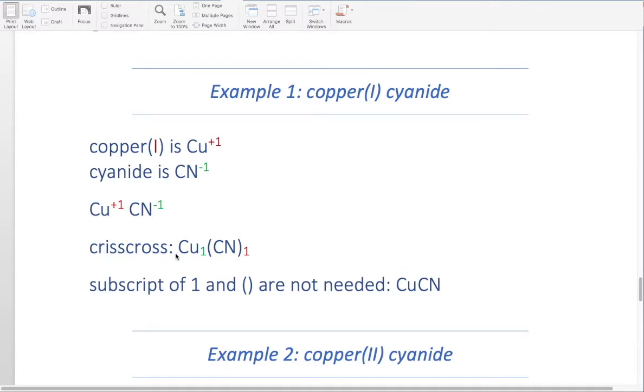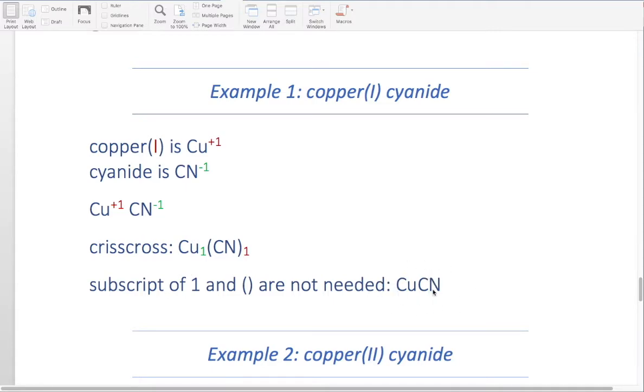If you do the crisscross, you bring this one over to the copper and this one over to the cyanide. So you've got Cu1, CN1. Subscripts of 1, you don't actually write them in, and in this case we don't need the parentheses because there's only one of them. So this becomes CuCN.